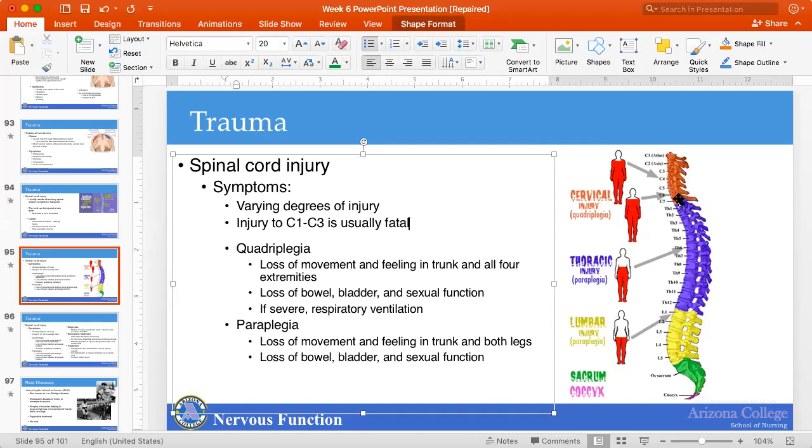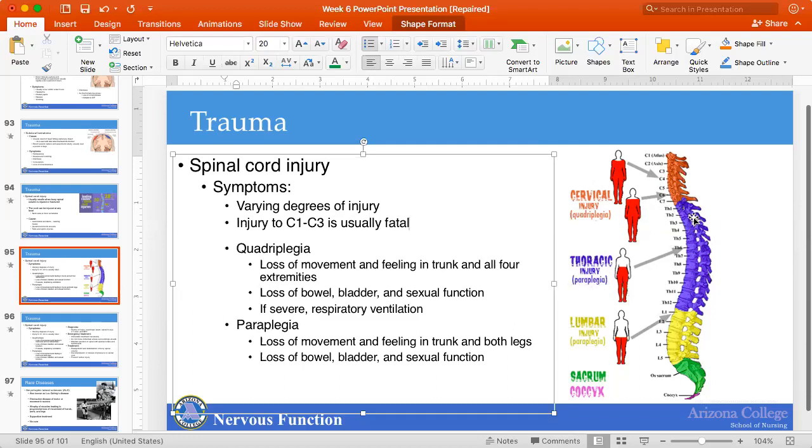You just have to have a cervical injury or higher, because if you have an injury up here, that means the arm's going to be affected as well as everything below it. If it's a thoracic injury, they're referred to as a paraplegic.